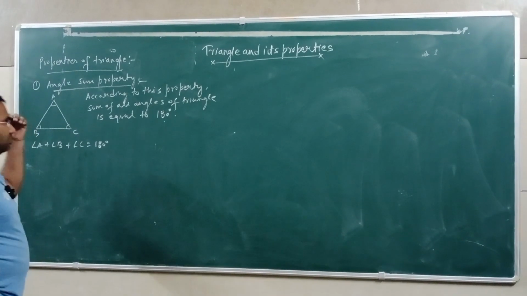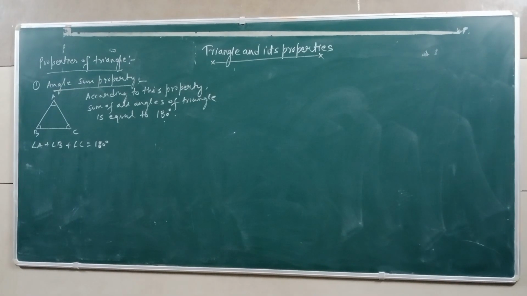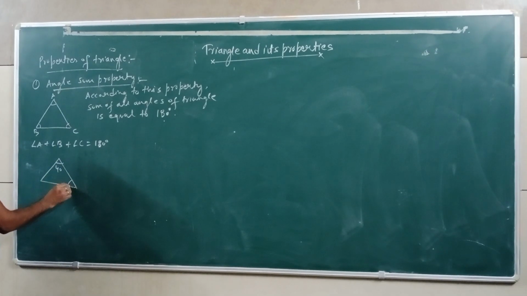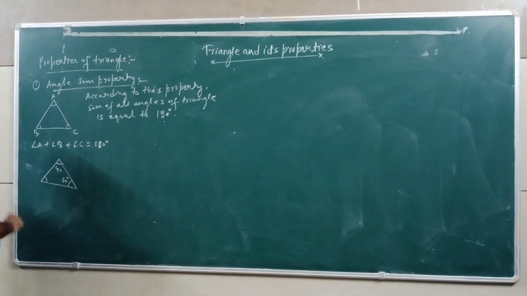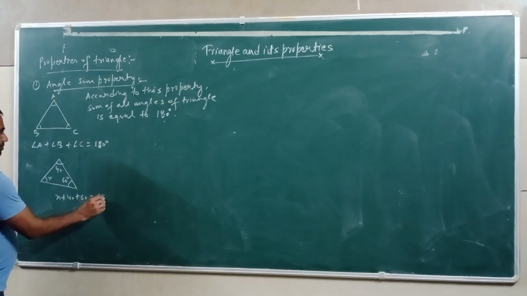Now what is the benefit of this property? Suppose there is a triangle, with one angle 40 degrees and another 60 degrees, and you have to calculate the unknown angle. Suppose it is x, then this can be written as x plus 40 plus 60 is equal to 180.